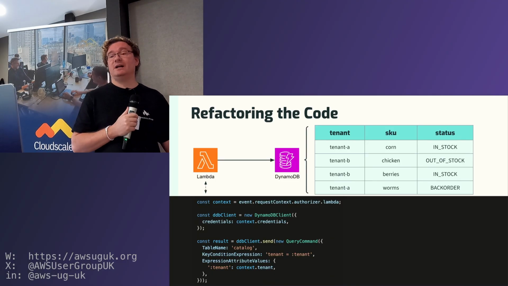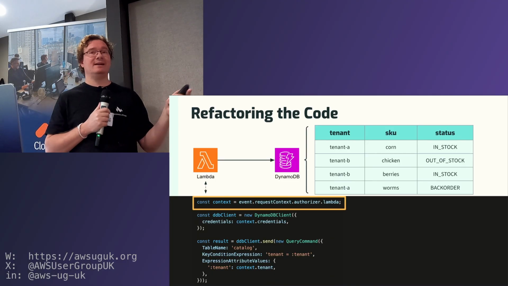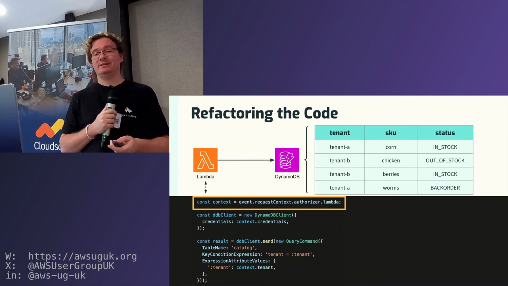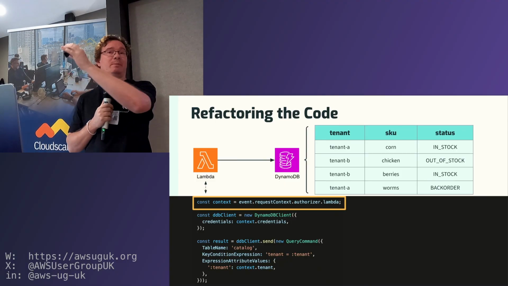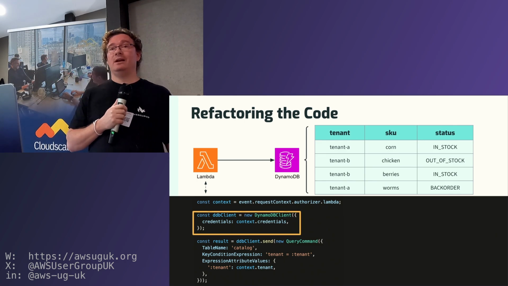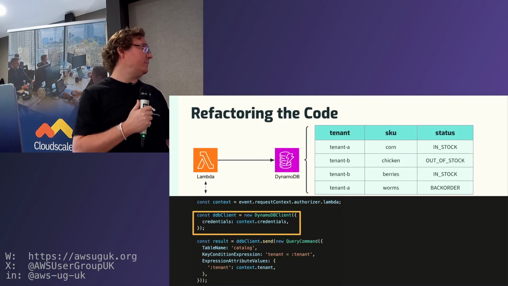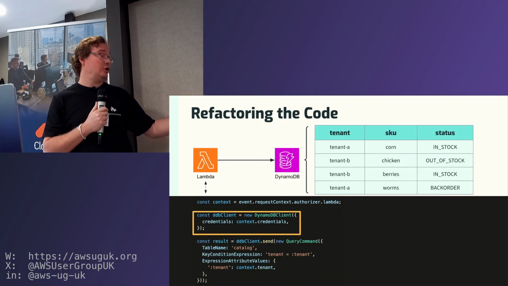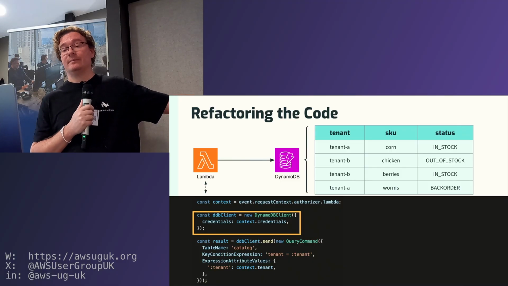Now we can refactor our code. We're going to extract the context metadata from the request, and if you're using Lambda, it's under the context parameter you receive on your Lambda invocation. And now when I create an instance of my DynamoDB client, I'm going to create that instance using the credentials that I received from the metadata.